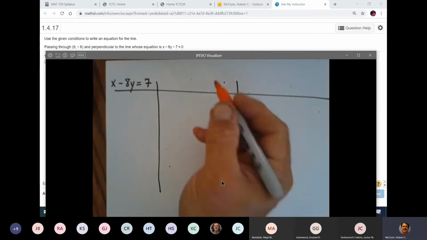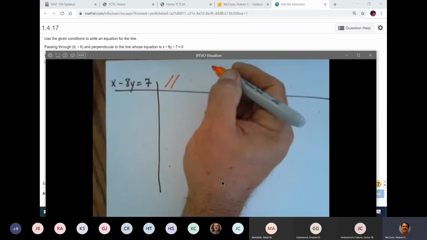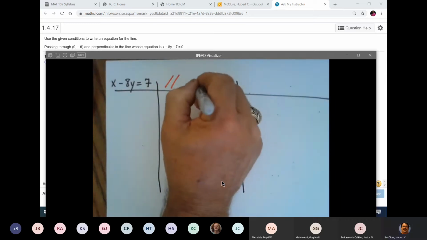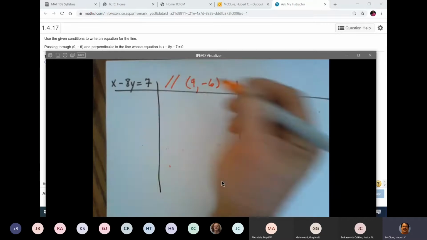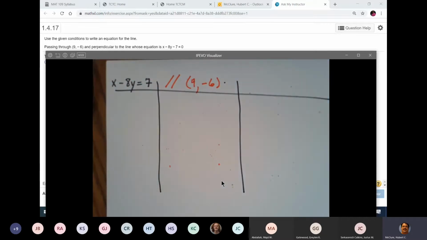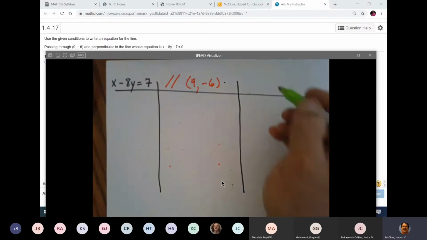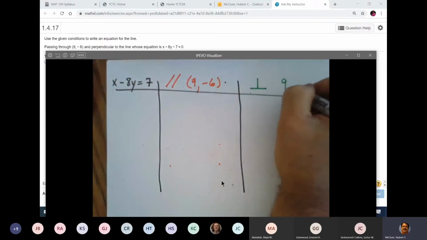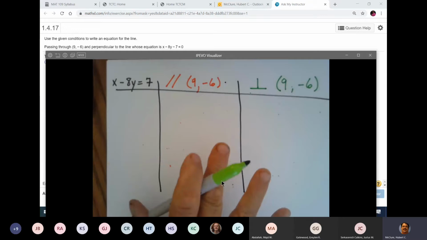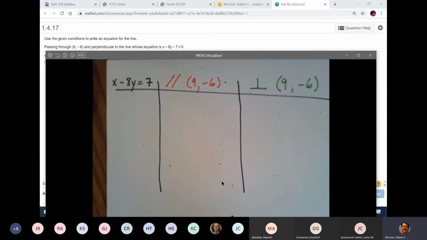That's going to be parallel, and using the point 9 comma negative 6. And the perpendicular is going to be the same point, 9, -6. Now again, I'm doing both because that way if you do both, you get extra practice. I know some of y'all don't like to do extra work, but it doesn't hurt at all.